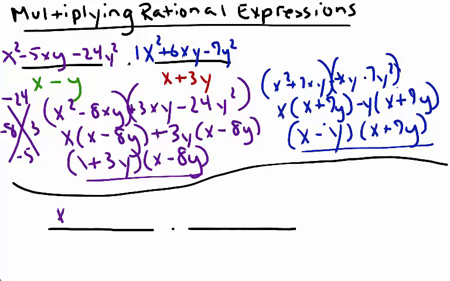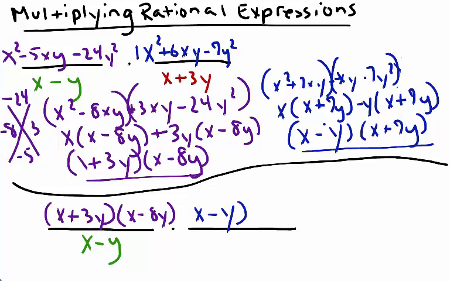I have x plus 3y times x minus 8y divided by x minus y. Then I have x minus y times x plus 7y divided by x plus 3y.